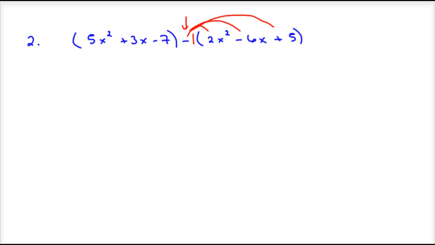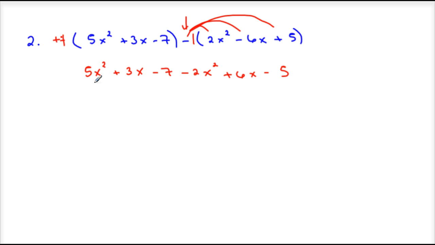The first parentheses has nothing but a positive 1 in the front, so these parentheses can just drop. So I have 5x squared plus 3x minus 7, and distributing this negative 1 gives minus 2x squared plus 6x minus 5. So let's be very careful with this negative sign in between before my parentheses. Just distribute.